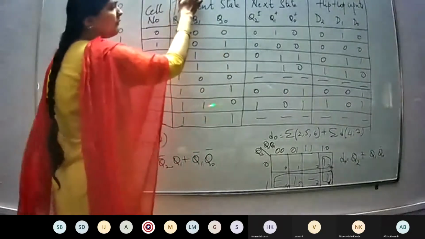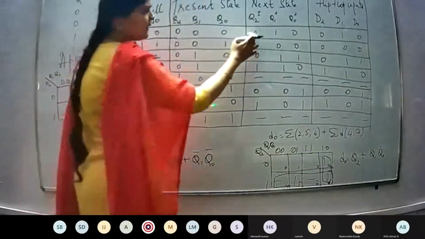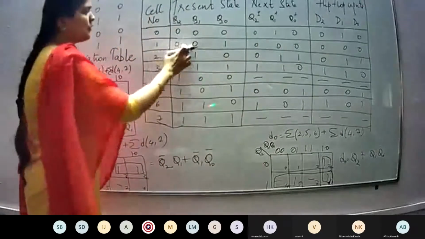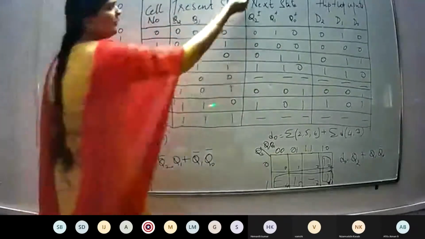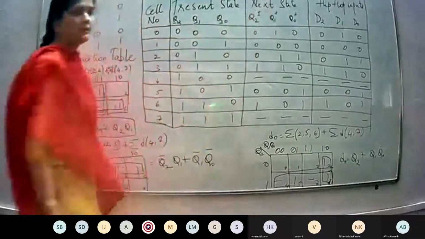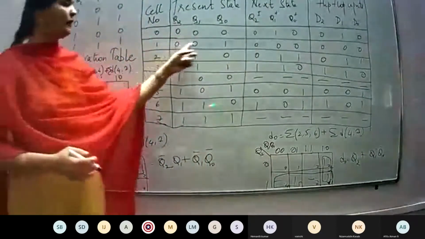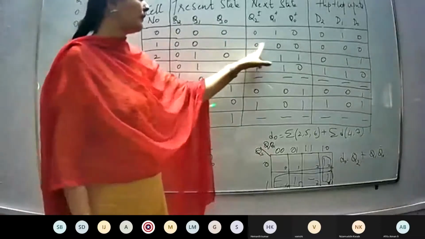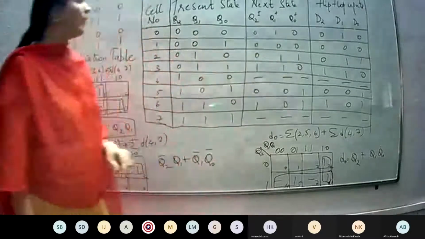After 0 what should come? It should come 2. So 2 is represented as 0, 1, 0. Then this is 0, 0, 1. After 1, what next state should it be? It should be 0, which is 0, 0, 0.